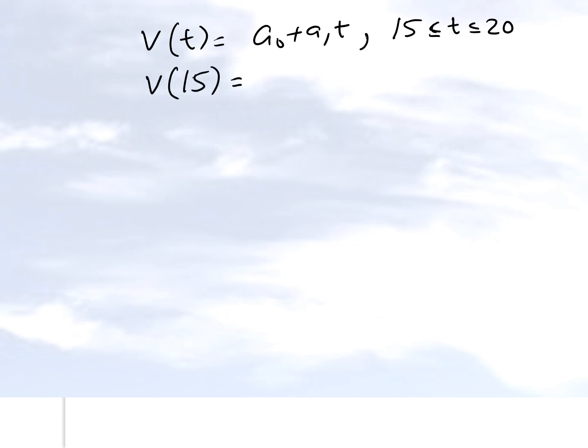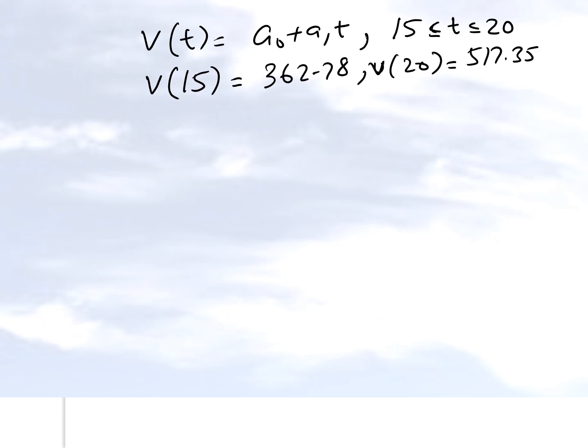We have v of t equal to a0 plus a1 t, and since we are using the values of time at 15 and 20 to find the velocity between 15 and 20, that will be the domain in which this first order polynomial is valid. v of 15 is given to us as 362.78, and the velocity at 20 is given as 517.35.